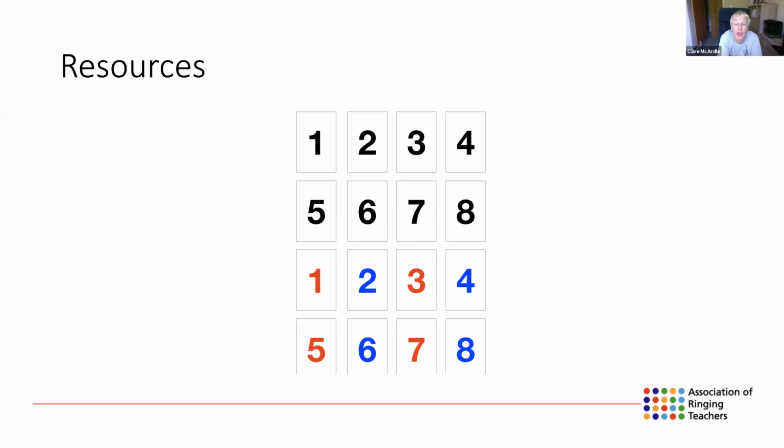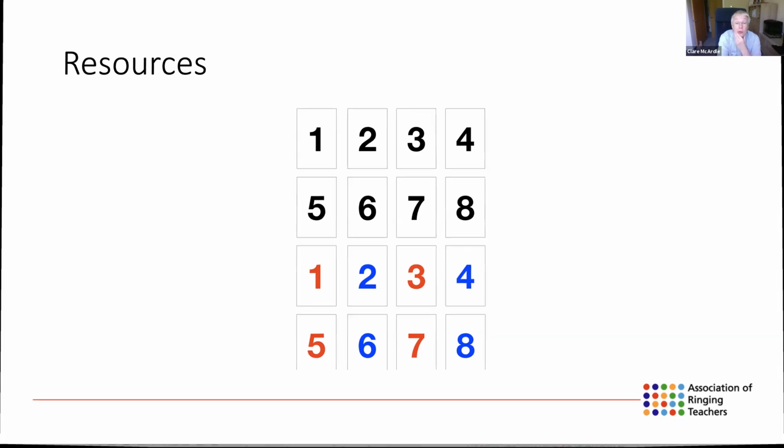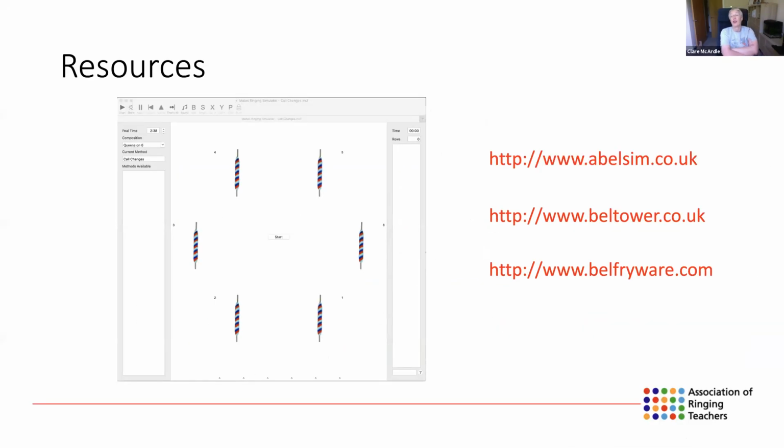You call changes in turn, and change the bells over until you get to your target change. It's a good idea to write those changes down so you can check back whether you've called them the right way, and always try and stick to whichever calling convention that you started out with.